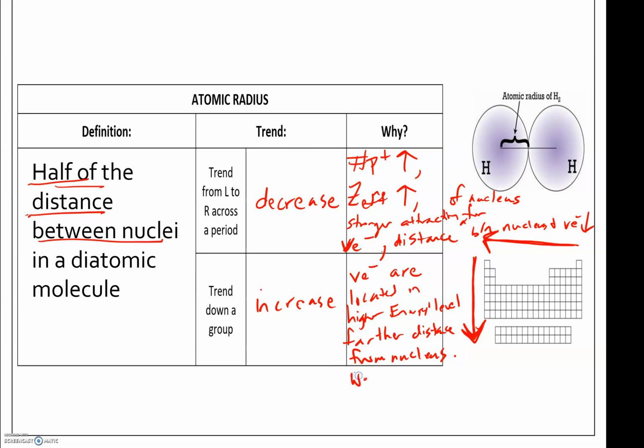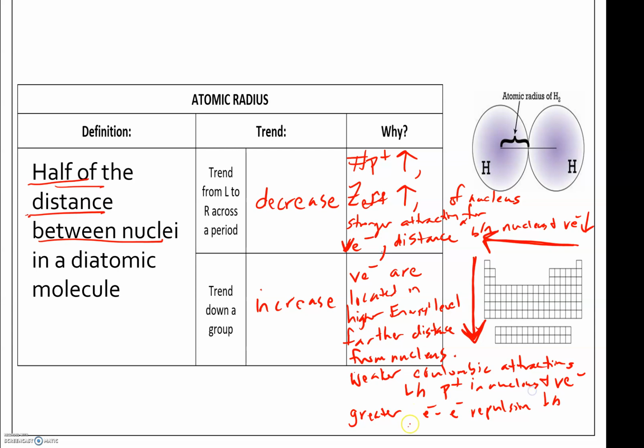So there's weaker Coulombic attractions between the protons in the nucleus and the valence electrons. And there's also greater electron-electron repulsion between the core electrons, which are on the inner energy levels, and the valence electrons.